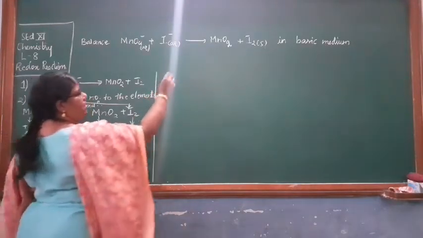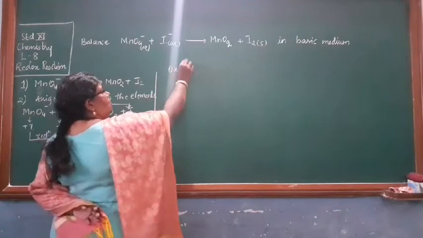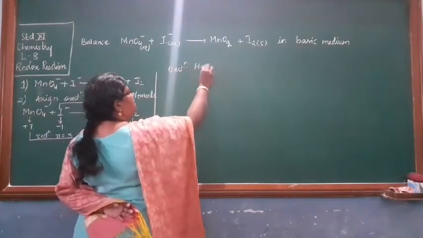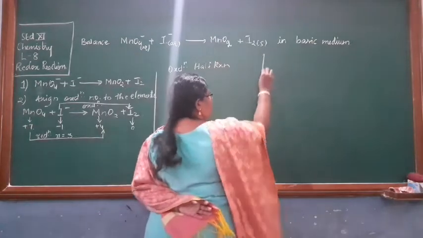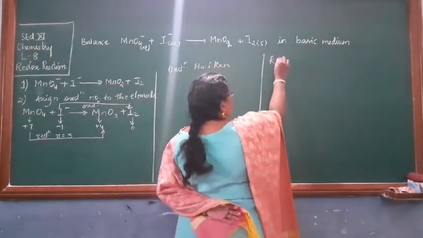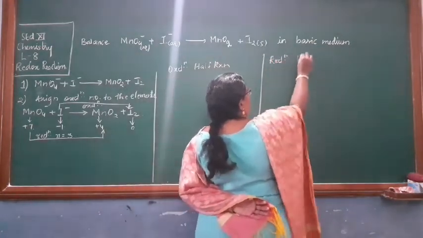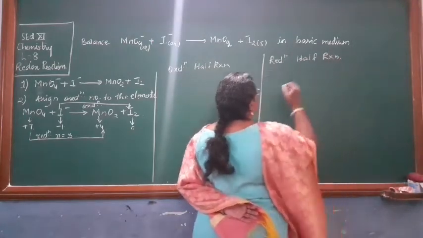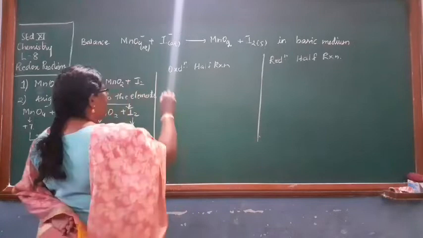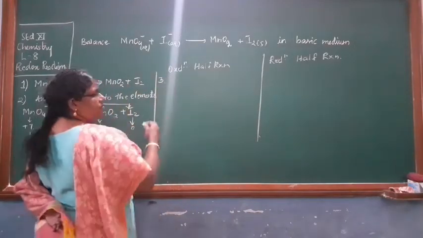So that I am writing here, this is your oxidation half reaction, and the other side we will put reduction half reaction. Okay. So next step we have to separate.